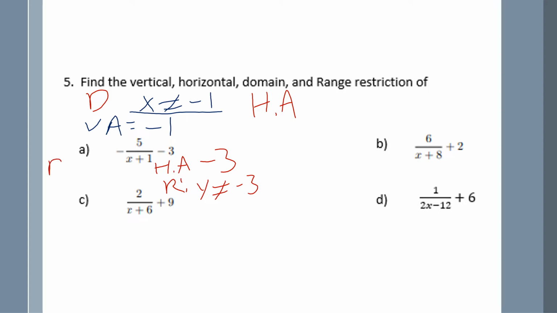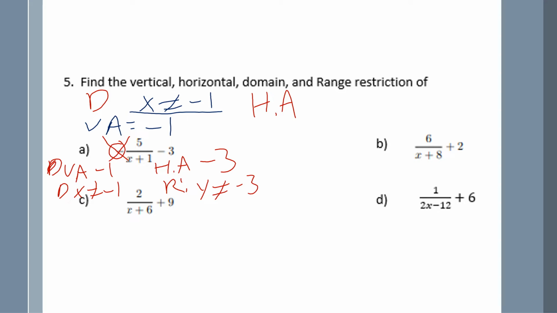The domain, like I said, well, the VA is -1. The domain, x cannot equal -1. Don't pay attention to this negative sign, because that's nothing to us in terms of the domain and range.